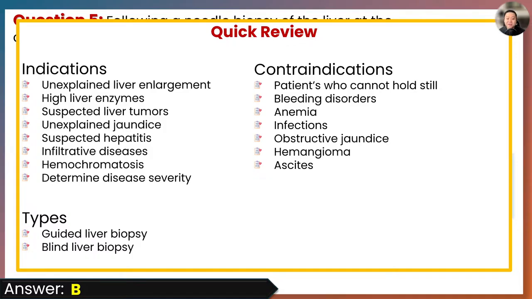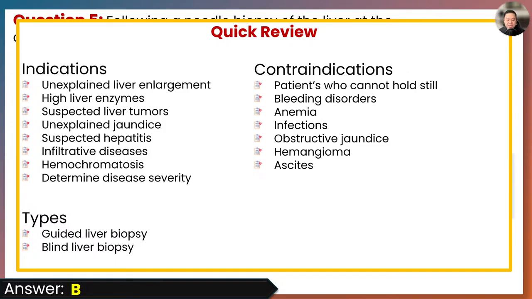Or maybe they have obstructive jaundice where bile may leak after the needle insertion. Or for those patients that may have a vascular tumor or a hemangioma due to increased bleeding risk. And for those clients that may have ascites, it will also increase the risk of fluid leakage.